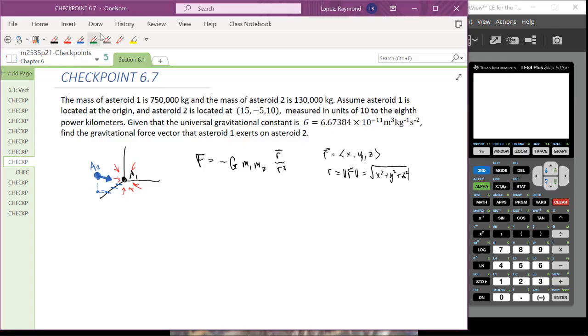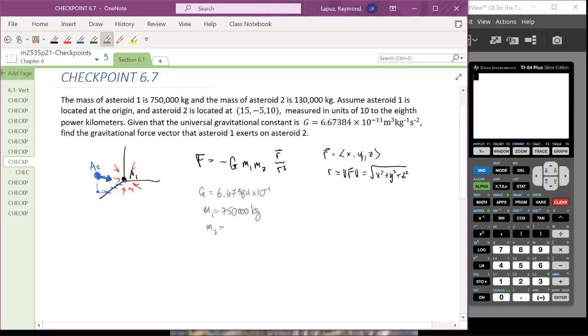All right, let's rewrite our given constants. The gravitational constant is 6.67384 times 10 to the -11th. We'll tack on the units in a minute, but let's figure out the other stuff. M1 is 750,000 kilograms.